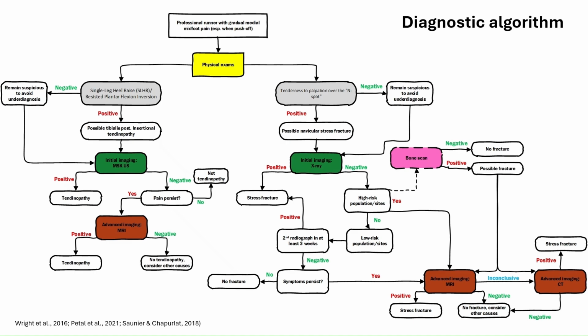Musculoskeletal ultrasound should be used as a first-line imaging modality because of its excellent ability to visualize soft tissues such as tendons and muscles, assess vascular flow to detect neovascularization or inflammatory hyperemia, and its good affordability.